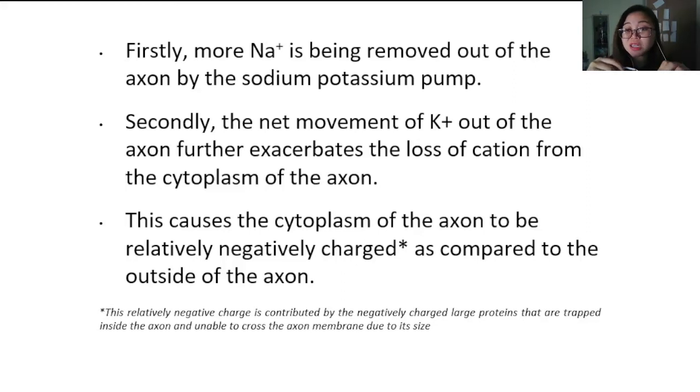Sebab kecil kenapa membrane potential ini negatif adalah disebabkan oleh protein-protein yang besar dalam cytoplasm yang ada negative charge. But that is a smaller factor compared to the movement of ions. So we don't usually focus on this point. We usually focus on the ion-ion points.